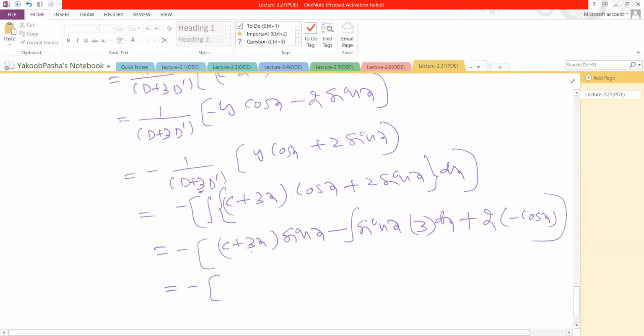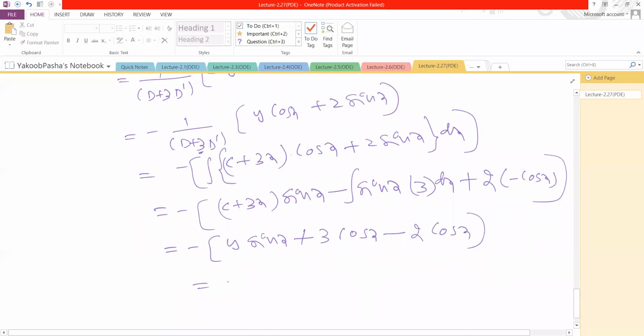So this is equal to minus, c plus 3x is nothing but y sin x, and the sin x integration is minus cos x, already 3 there, minus plus 3 cos x, and minus 2 cos x. So this is equal to minus y sin x plus cos x. This is the particular integral. Therefore, the general solution is complementary function plus particular integral.